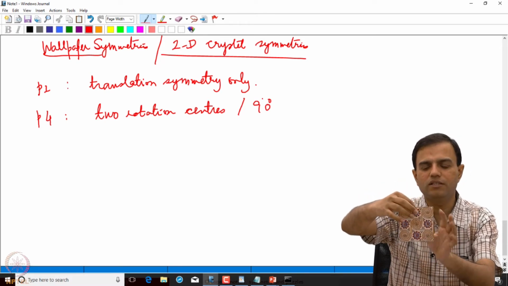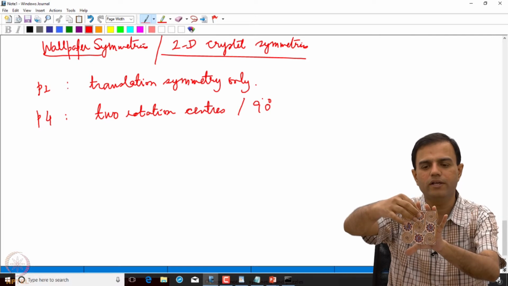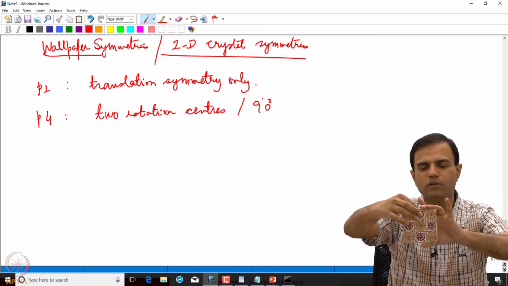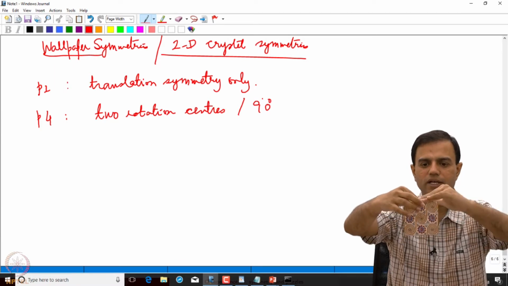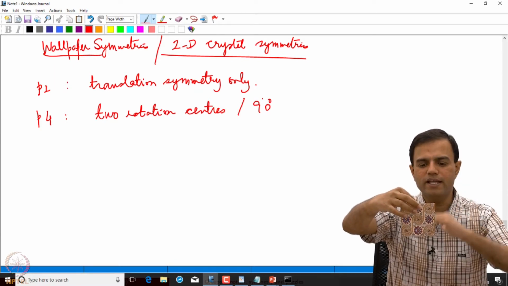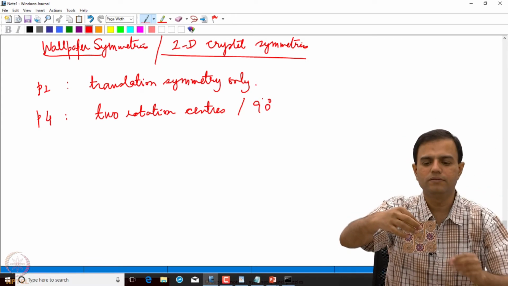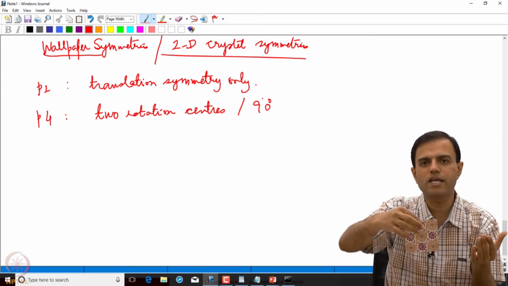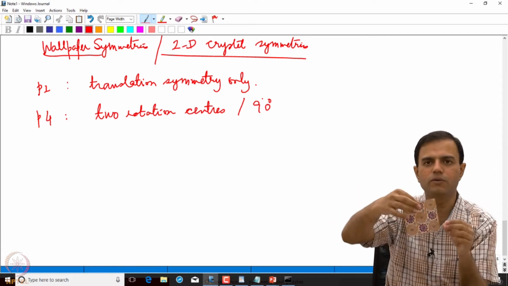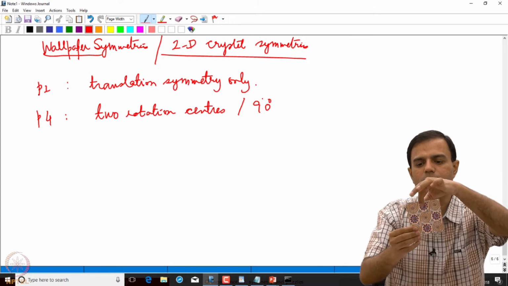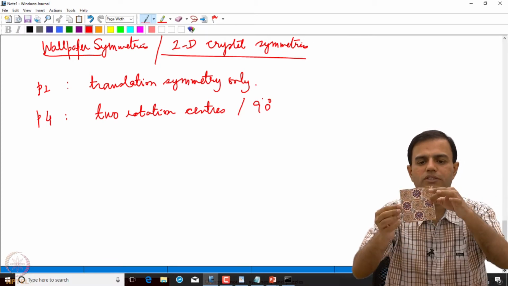Now you imagine not just this square getting rotated, but assume that there is a wallpaper. So you have this, or there is a tiling, you have this, and then there is similar tile everywhere. And then what is being rotated is the whole pattern. The symmetry operation is happening over the whole system, the whole wallpaper. So I can take this and I can rotate the whole wallpaper system about this.